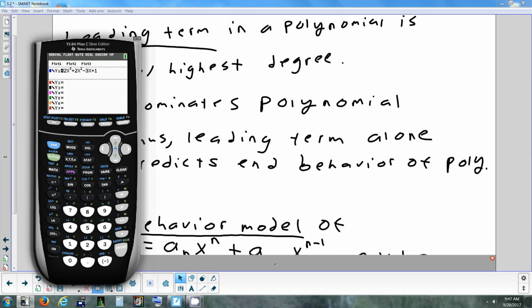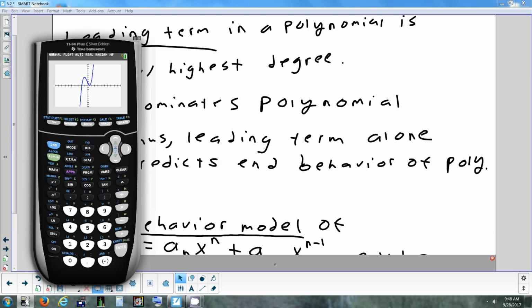Caleb? The coefficient for 2x cubed. The whole term, the 2x cubed, yep. So that predicts the end behavior. You've got to look at the whole term. So if you graph that and you graph that, they're going to look the same if you zoom out far enough. All that other stuff, if you zoom in, you'll see differences in the graphs.